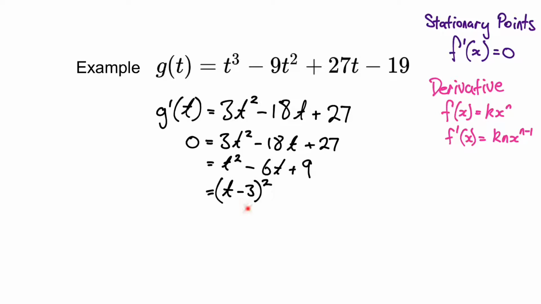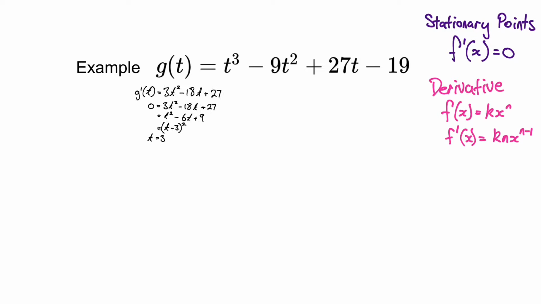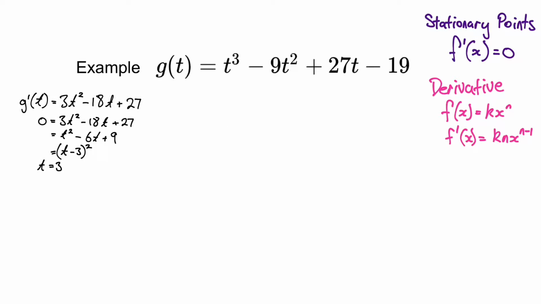Now we just need to solve our equation to find a value of t that is going to make our equation equal to 0. In this situation, the only value is when t is equal to 3, because then 3 minus 3 is equal to 0. Now we're going to find what our actual stationary point is. So we're going to put our value of t back into our original equation.